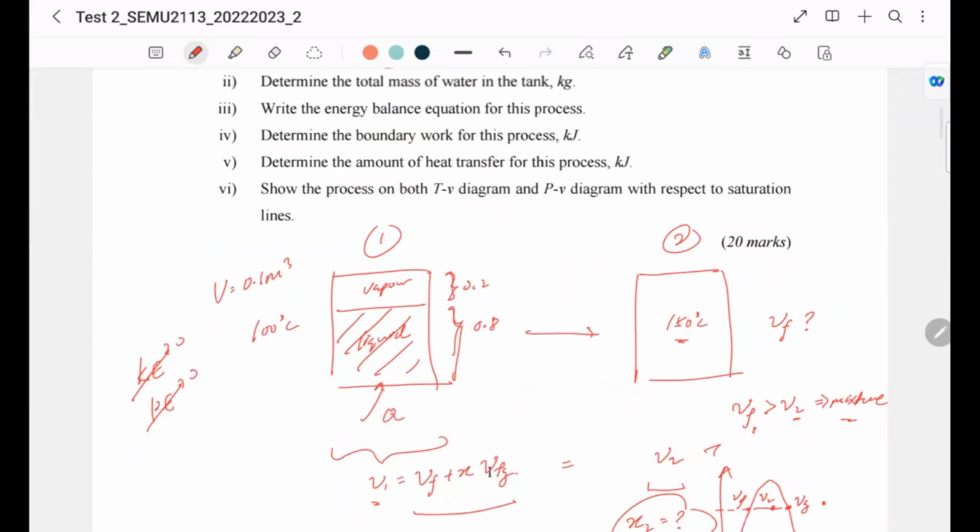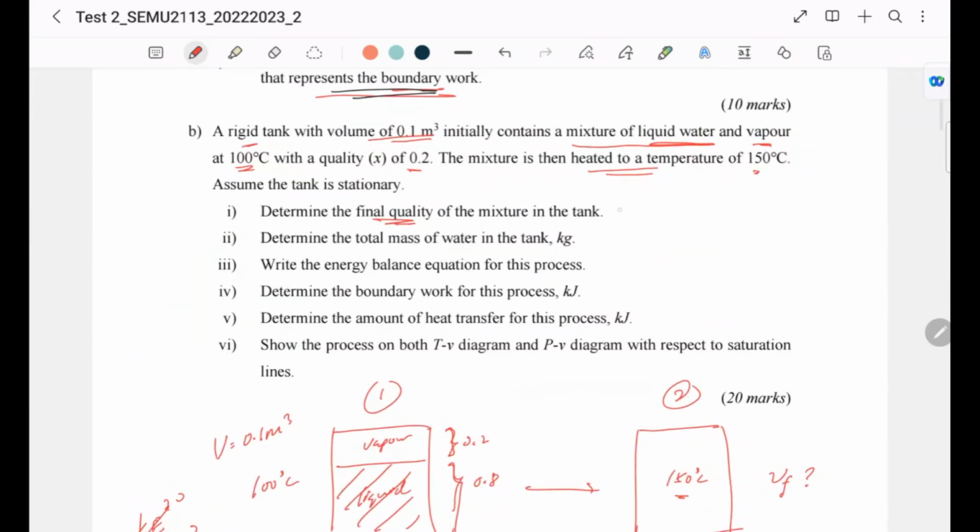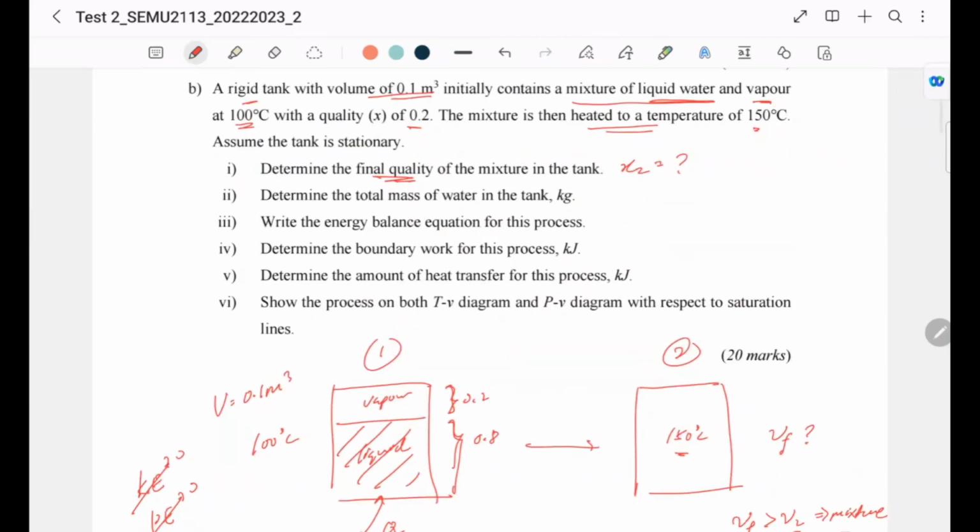So then you know the quality of the mixture. Because in fact, the question asks you to find out the final quality. So if you solved it correctly, then it should be a mixture. And then the total mass of the tank of water.